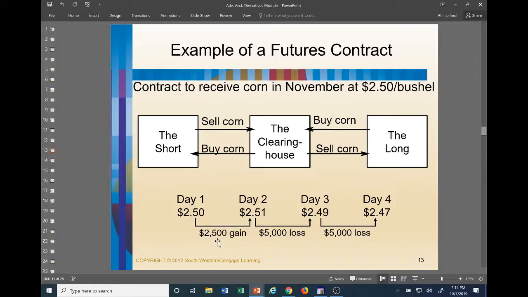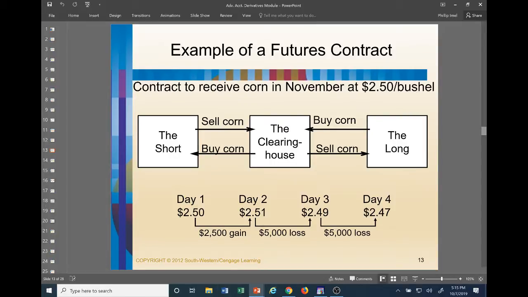Recall we have 50 contracts, each with 5,000 bushels. So we multiply the one penny spread, $2.51 minus $2.50, times the 5,000 bushels times the 50 contracts, which gives us the $2,500 gain.